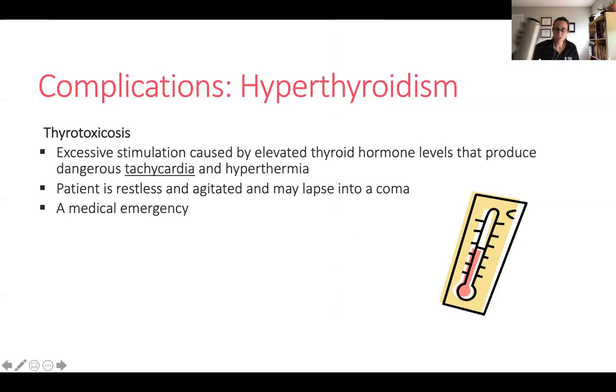So complications, if untreated, it can lead to, got a question. Can they blink? Yeah, the function of the eyelid is not affected, but if it's really severe, they can blink, but it doesn't close all the way. So that is where the potential for eye injury.